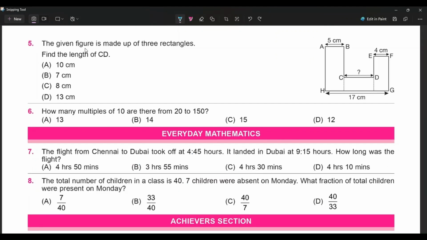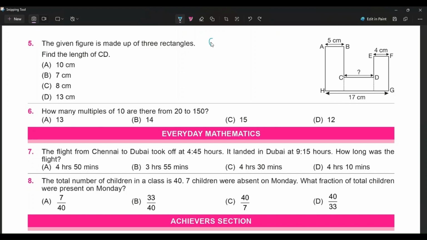Fifth question. The given figure is made up of 3 rectangles. Find the length of CD. So this is CD. We are not given the length of CD here. So we know GH, we know AB, we know EF. So from these given lengths, we are supposed to find out the length of CD.